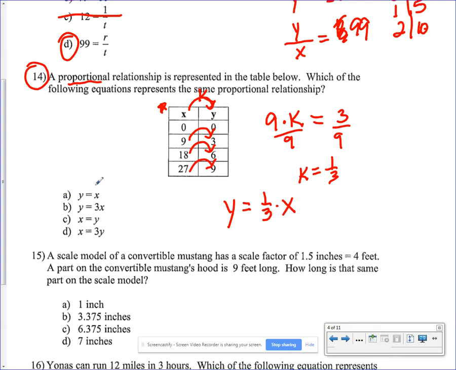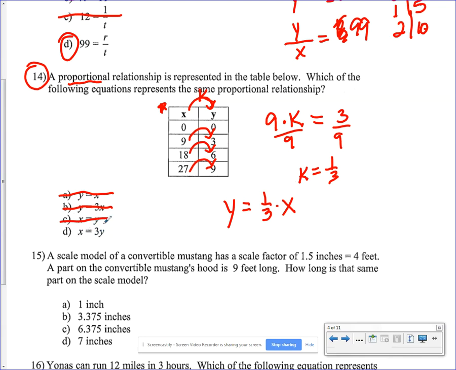So I'm looking at my choices. y equals 1 times x? No. y equals 3 times x? No. I'm not taking my x number, multiplying it by 3 to get that. That's not it. x and y are not equal to each other. Okay, this looks weird.